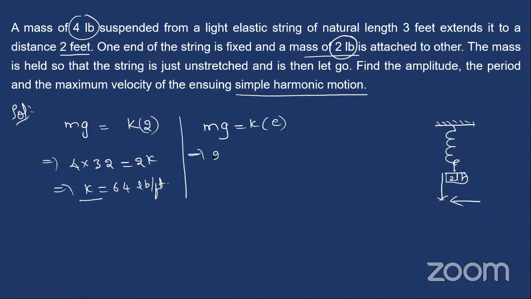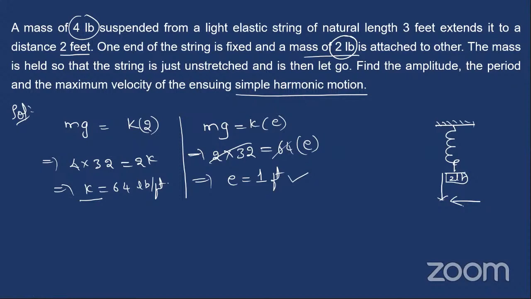M is 2 lb, g is 32 feet per second square, k we got as 64, and e is to be calculated. You can see 64, 64 cancel, and we get the elongation as exactly 1 foot. Understand it this way: when we attach a mass of 4 lb, we got the elongation as 2 feet. And now when we attach only 2 lb, we get the elongation as exactly 1 foot.